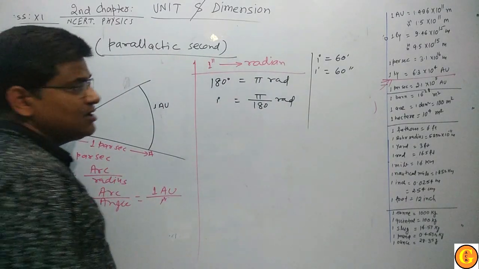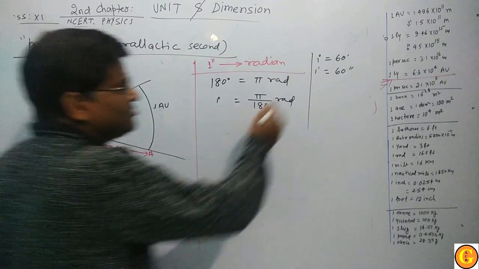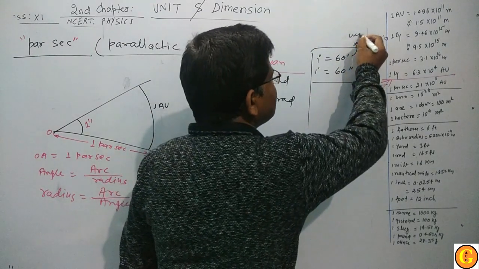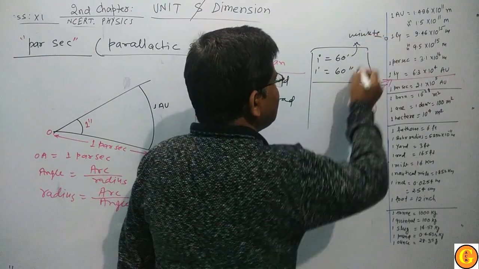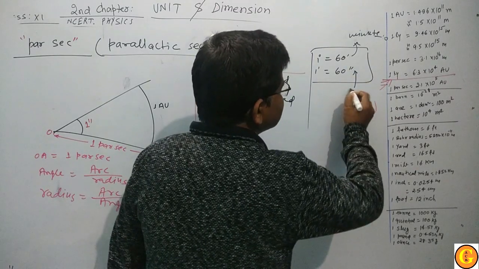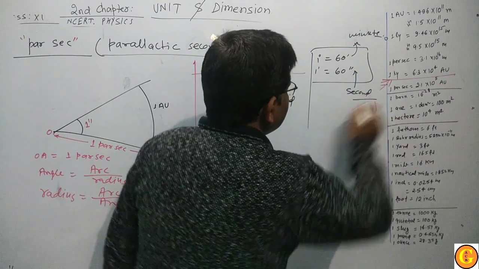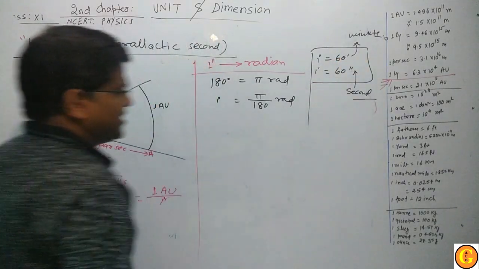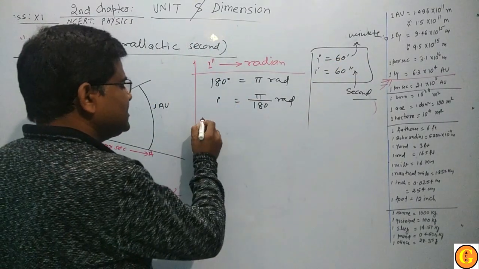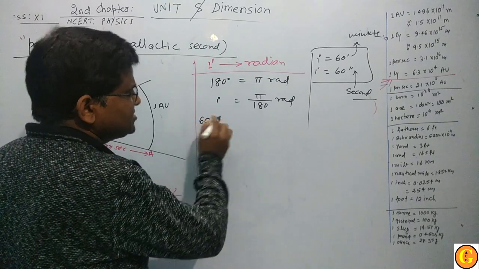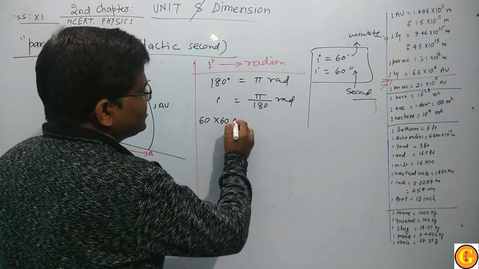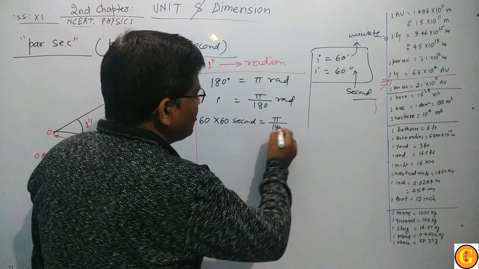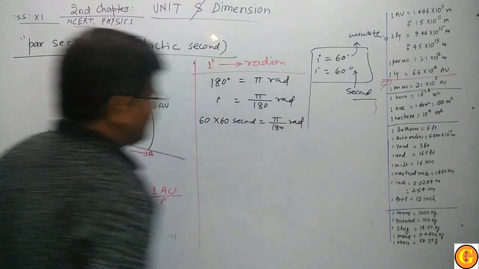A single line is the symbol for minute, and a double line for second. So 1 degree is 60 minutes into 60 seconds, which becomes seconds, and equals pi upon 180 radian.